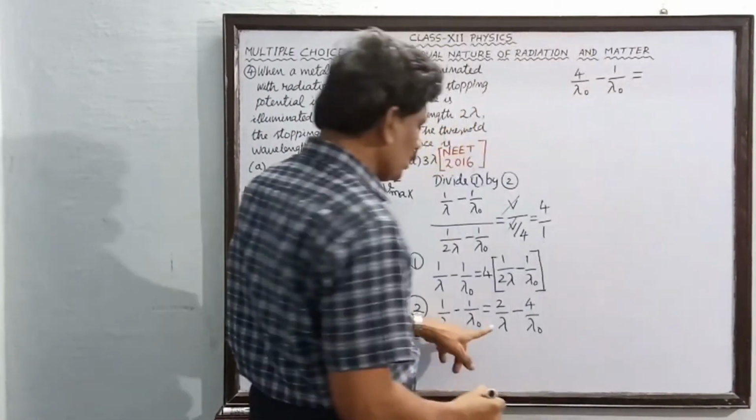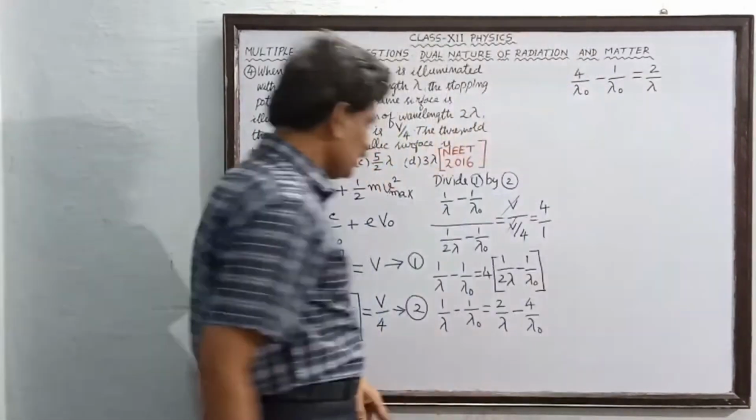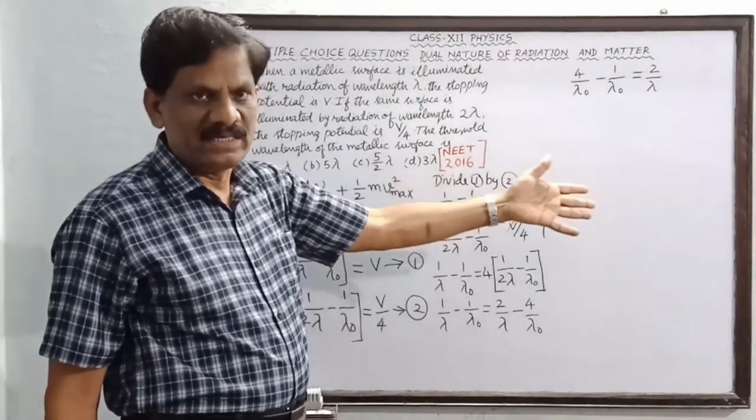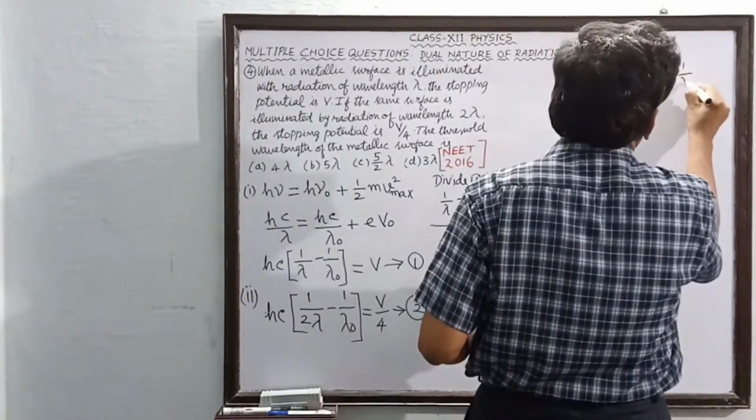This is equal to 2 by lambda as it is. And this 1 by lambda is taken to the right side, where it becomes minus 1 by lambda.